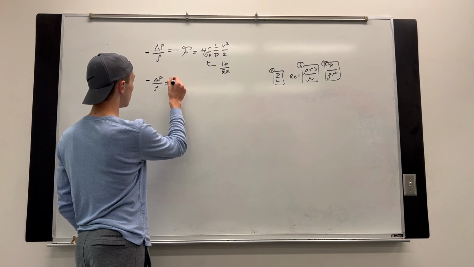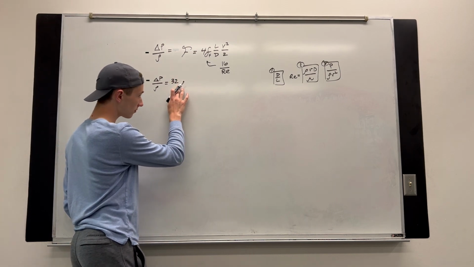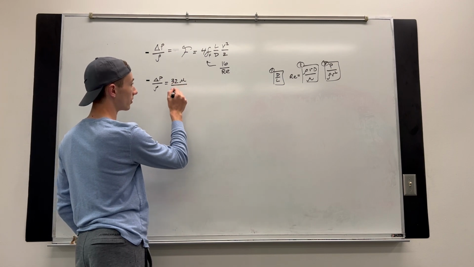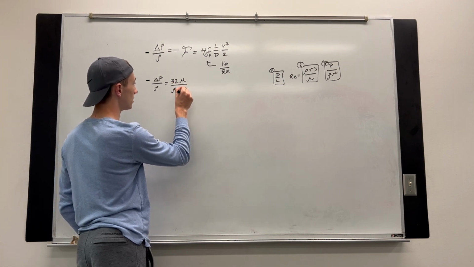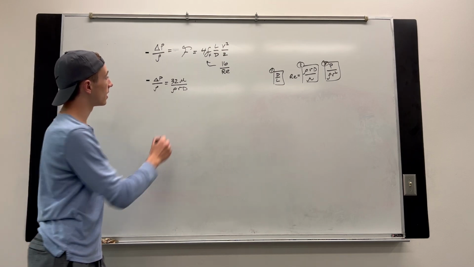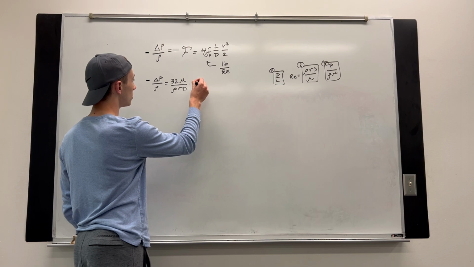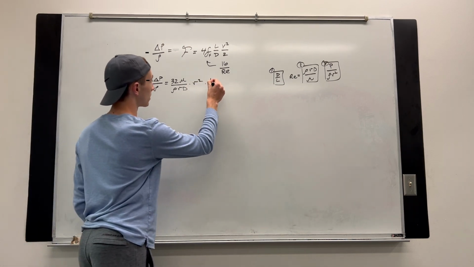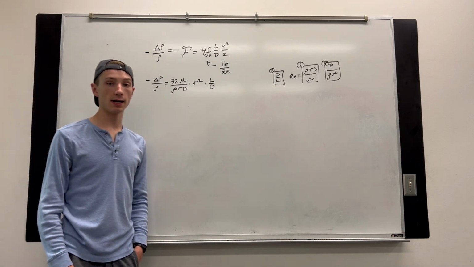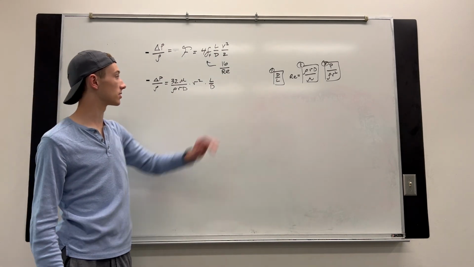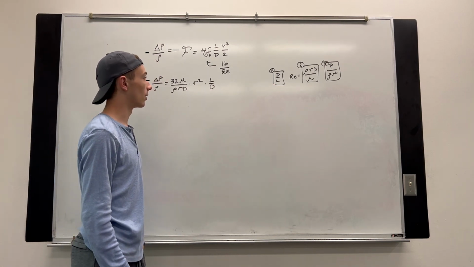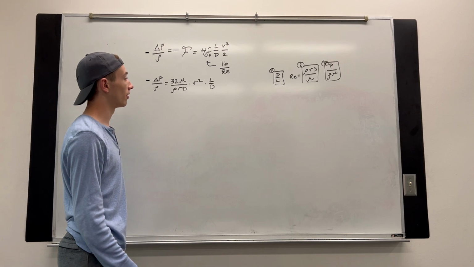Okay, so we get 32 divided by the Reynolds number gives us mu over rho VD, times V squared, right? Okay, oh, and of course we can't forget L over D. Okay, and so you can start to see these dimensionless groups come together here. So we have D over L looks awfully familiar to L over D. One's just the reciprocal of the other.